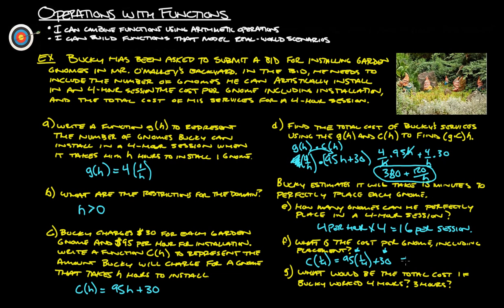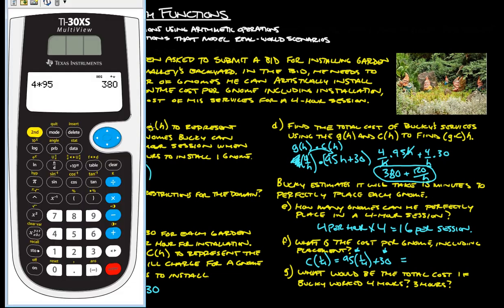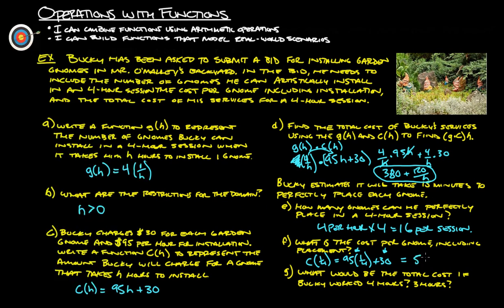So that will give us, let's see, 95 times a quarter, which is basically divided by 4, plus 30, gives us 53.75 for the cost of the gnome, per gnome. So cost of the gnome and for placing it.